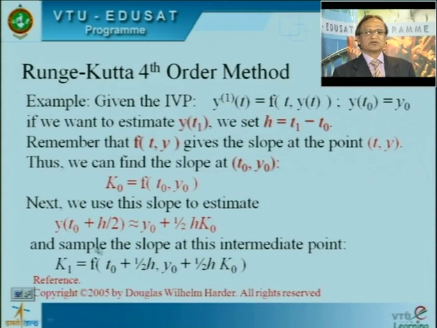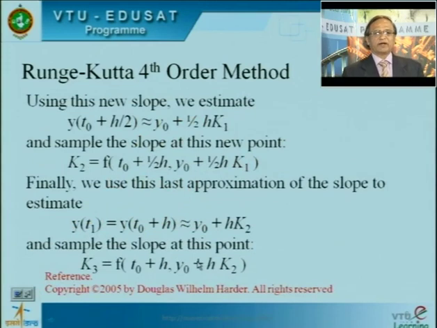So, k1 is equal to f of t naught plus h by 2, y naught plus h by 2 times k naught. So, you will get an intermediate point or midpoint. Okay. So, using this new slope, we can estimate y of t naught plus h by 2, approximately y naught plus h by 2 times k1. K1 can be used to estimate this position, right.